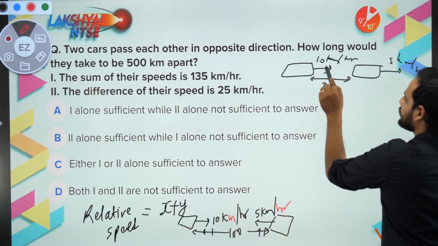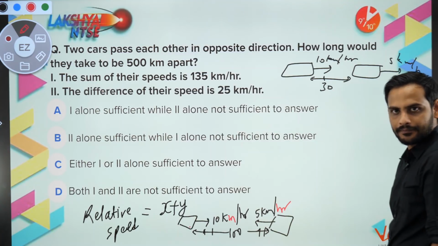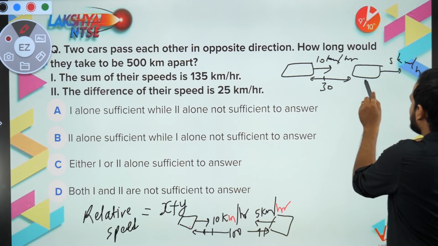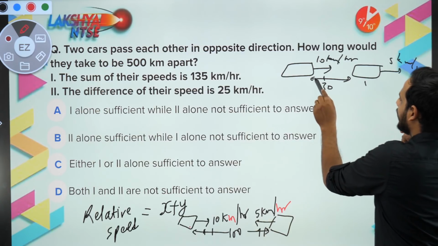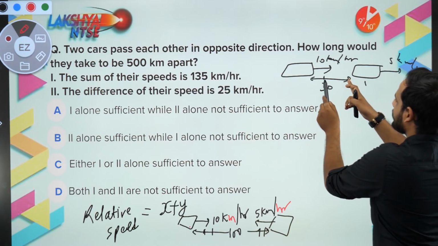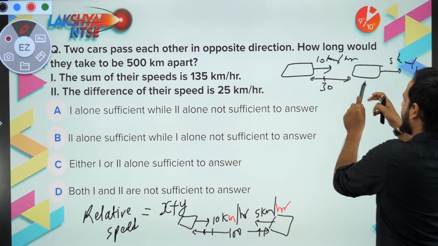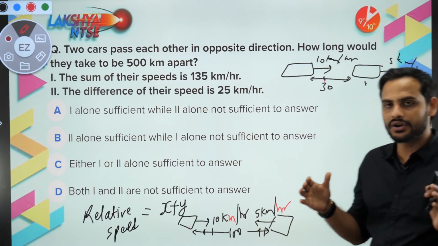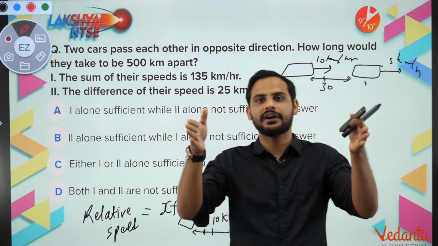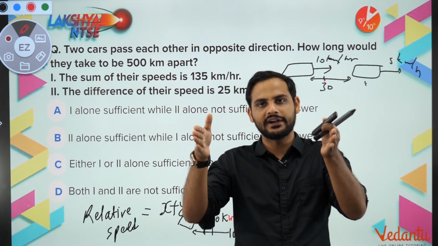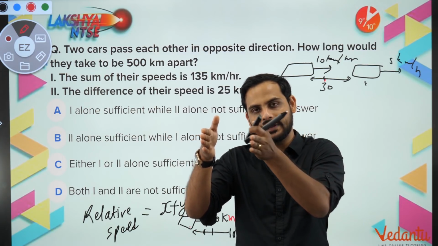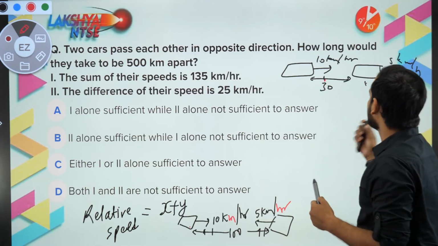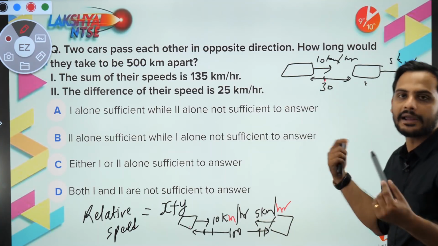After 1 hour, this will travel 10 km and this will travel 5 km. So from 30 it has decreased by 10 to 20, but again increased by 5. Overall the distance was 30, after 1 hour it will become 25, then 20, then 15, then 10. So overall they are moving at a rate of 5 km per hour.